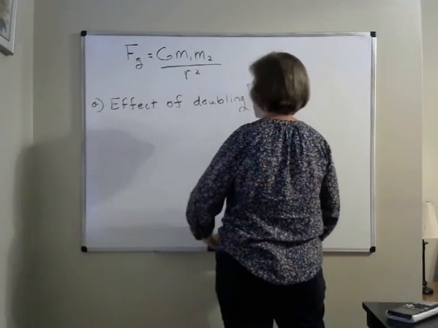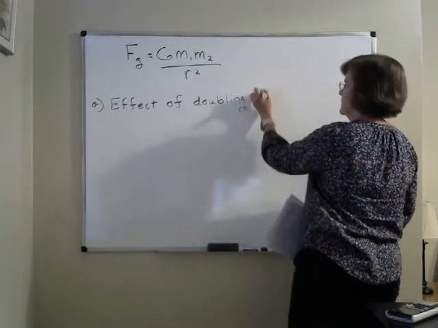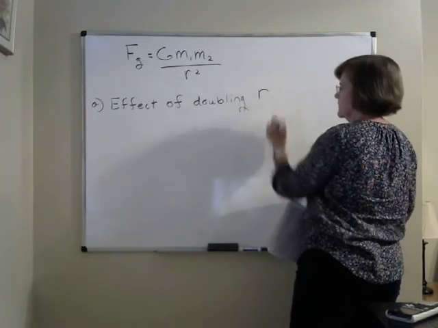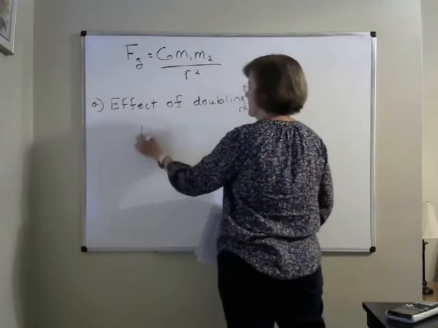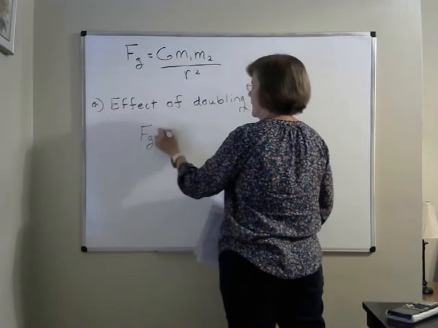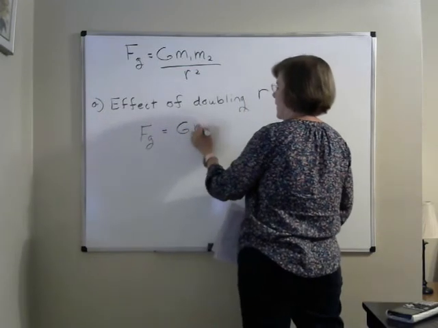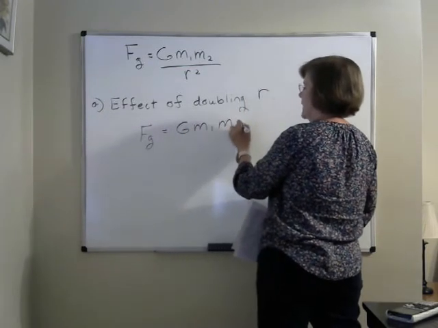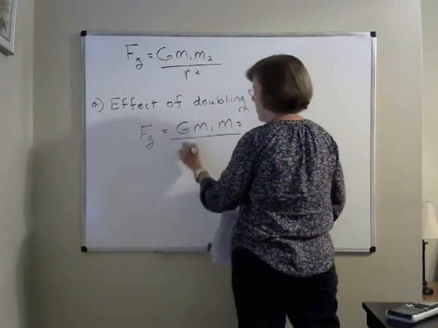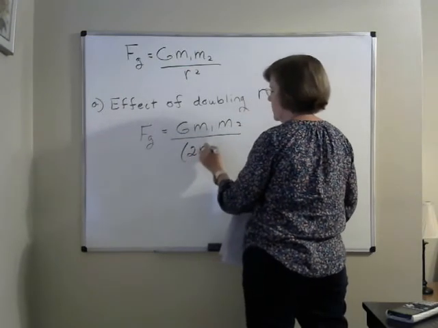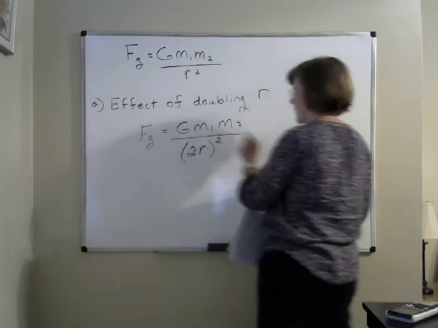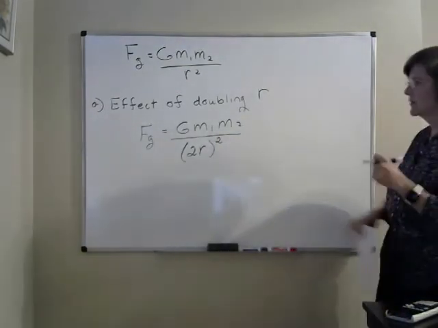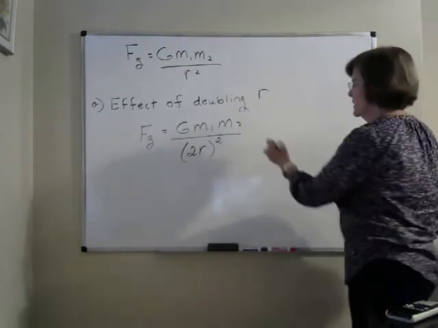What would be the effect of doubling r? Well, we're not changing any of those, but if I double r, my distance is now 2r squared. Really important to realize that you're going to square that too.